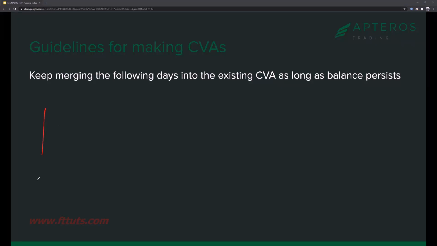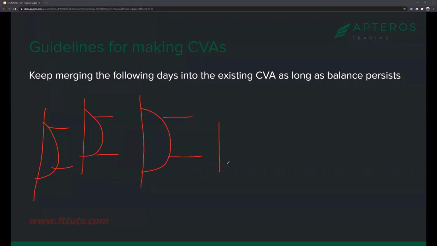So if we have, let's say, those two days, doesn't matter, they're pretty good balance, and we end up making our CVA from that, and then day 3 comes in here and it's like this, well, guess what? It's going in. It's going to be part of it. If day 4 is here, well, guess what? It's going in as well. We're going to have a whole 4-day balance, right? As long as the days are not changing condition.